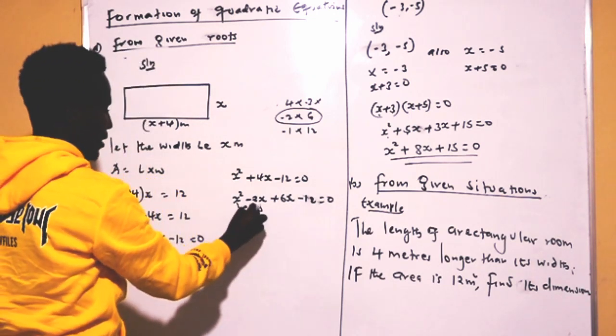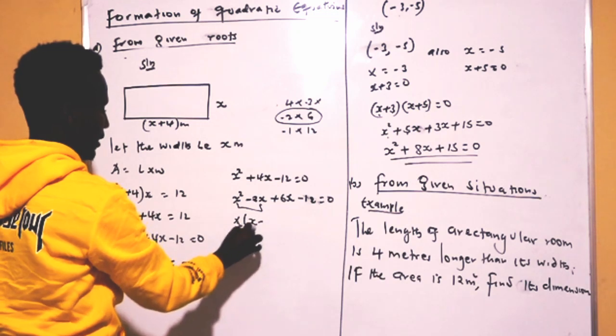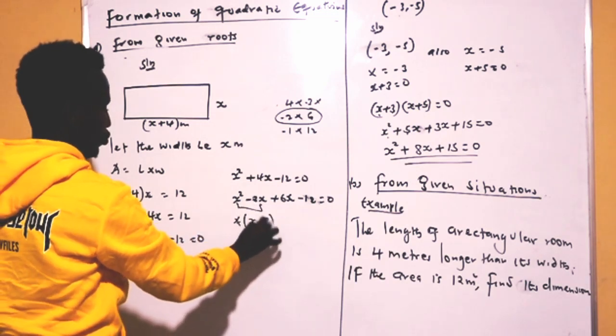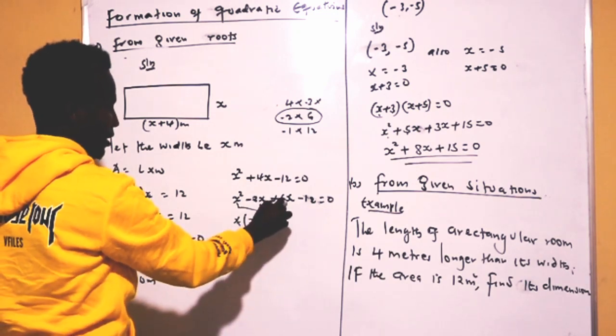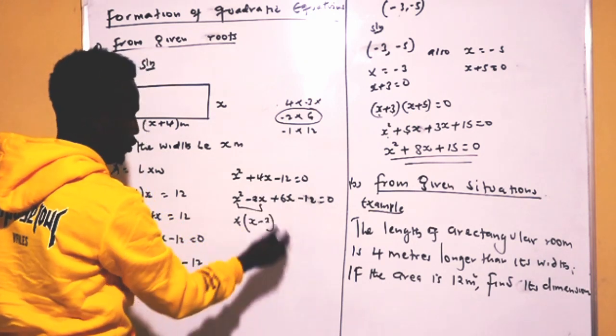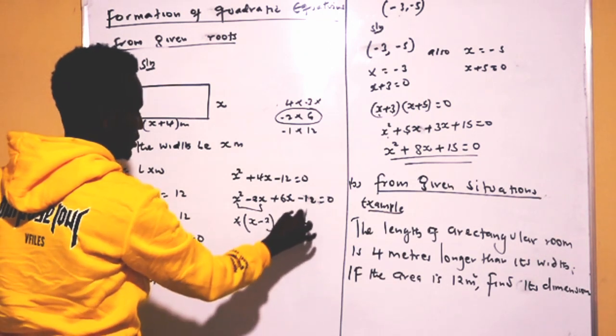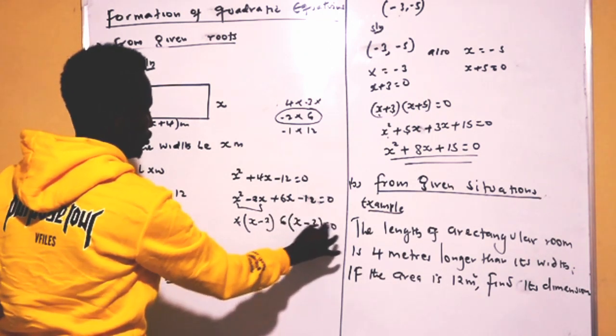Then what's the common here? x outside. x squared divided by x is x, minus 2x divided by x is 2. Close the bracket. Here, a positive followed by negative. The common is our GCD, which is 6. 6 outside, x minus 12 divided by 6 is 2, equal to 0.